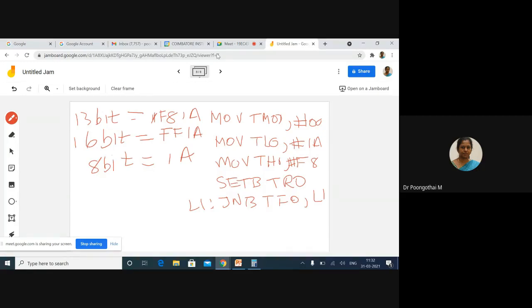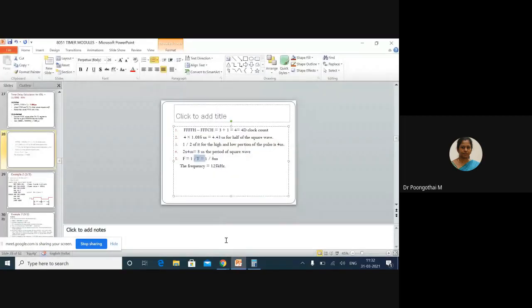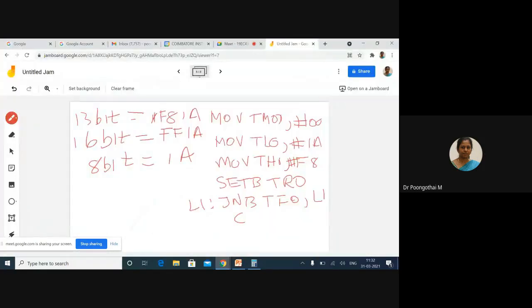Again, here a square wave is involved, so you have to complement P1.5 for the square wave.